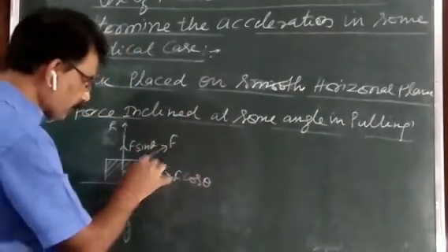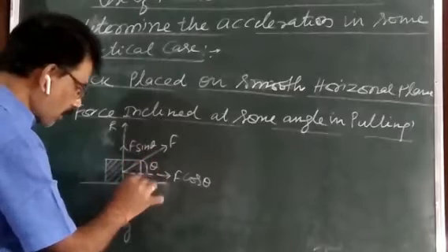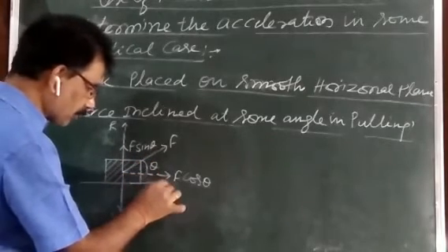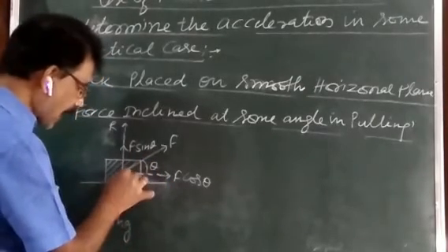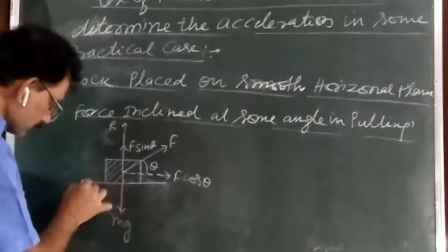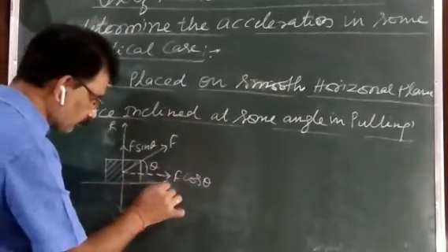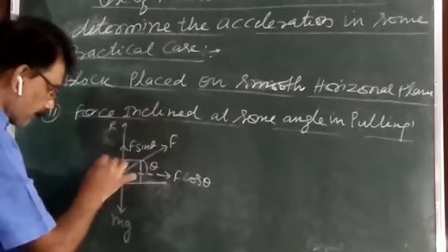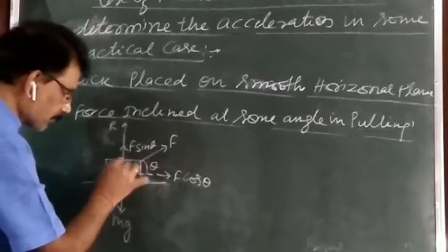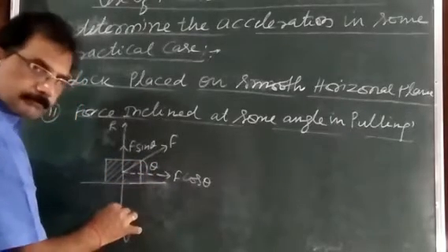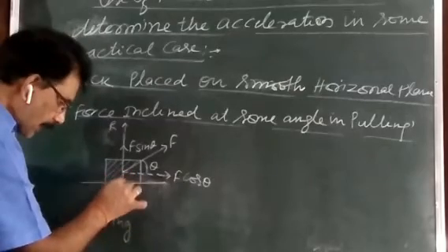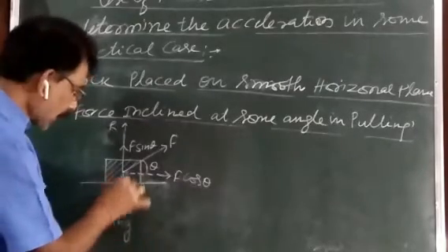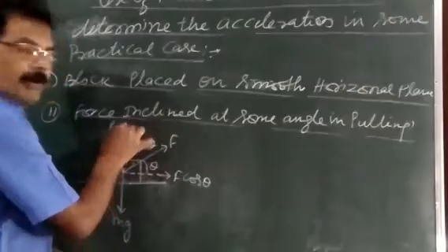Suppose this is a plane smooth horizontal surface and a block of mass M is placed over it. The weight of this block, mg, will act downward, and the normal reaction R will act upward.